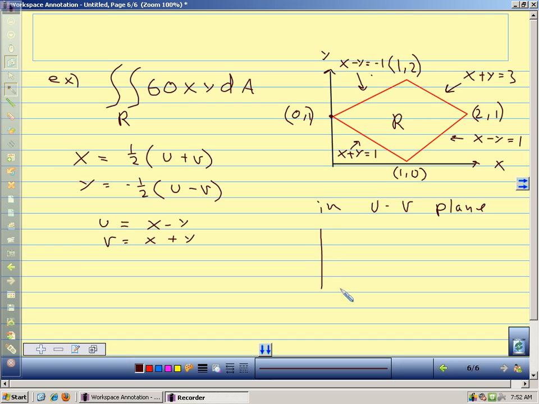So let's sketch our uv plane. This is v and this is u. We said that v is going to vary from 1 to 3. So here's v equals 1, and here's v equals 3.